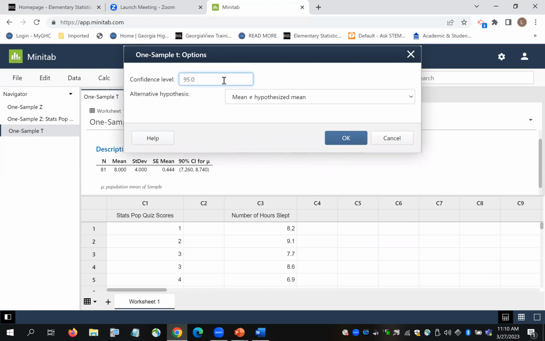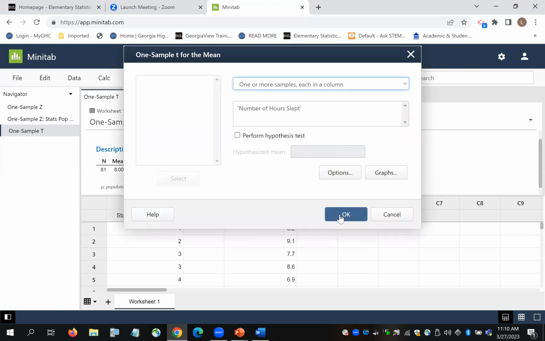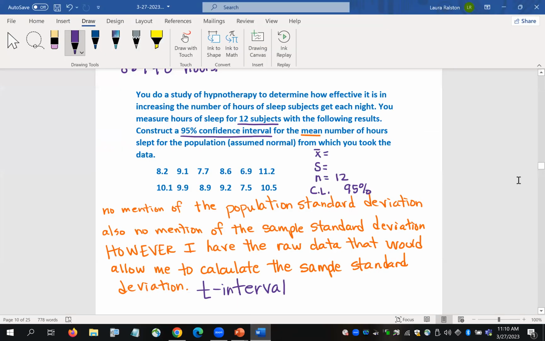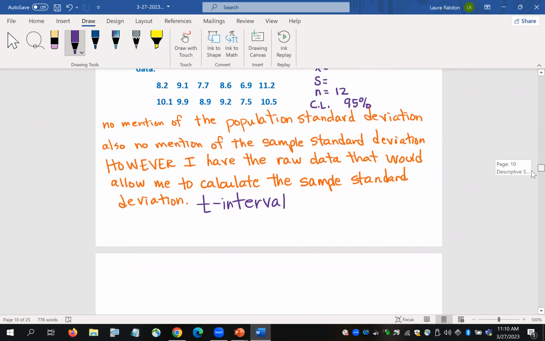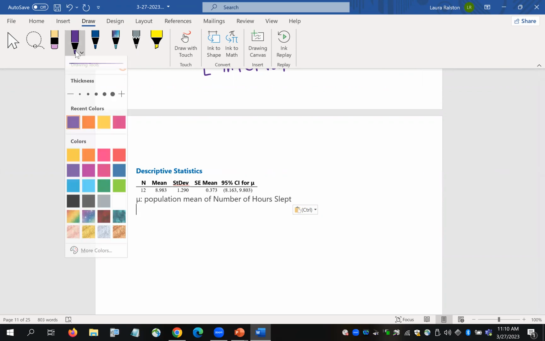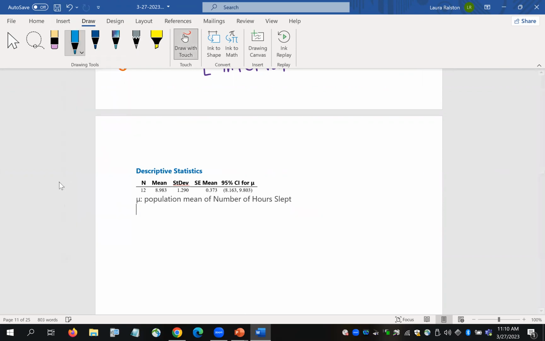Tells me that in the problem. The alternative hypothesis is always not equal. Click OK and OK. And I get my information. Now again, remember, with this information, Minitab is also going to give you the mean.